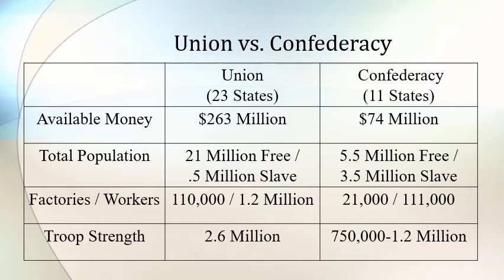Troop strength, very much in favor of the Union as well, 2.6 million troops versus just less than half of that for the Confederacy, 750,000 to 1.2 million, depending on what source you look at. But despite these advantages, the Union would actually lose its first major battle at Bull Run in July 1861.